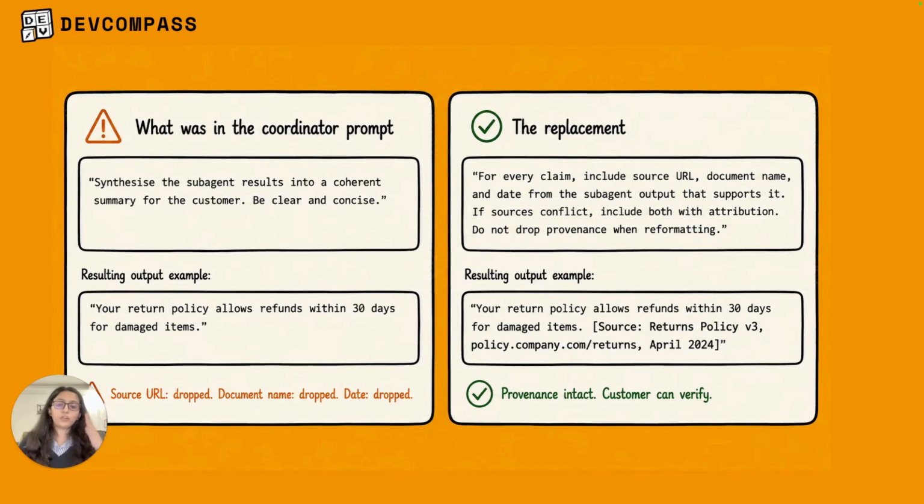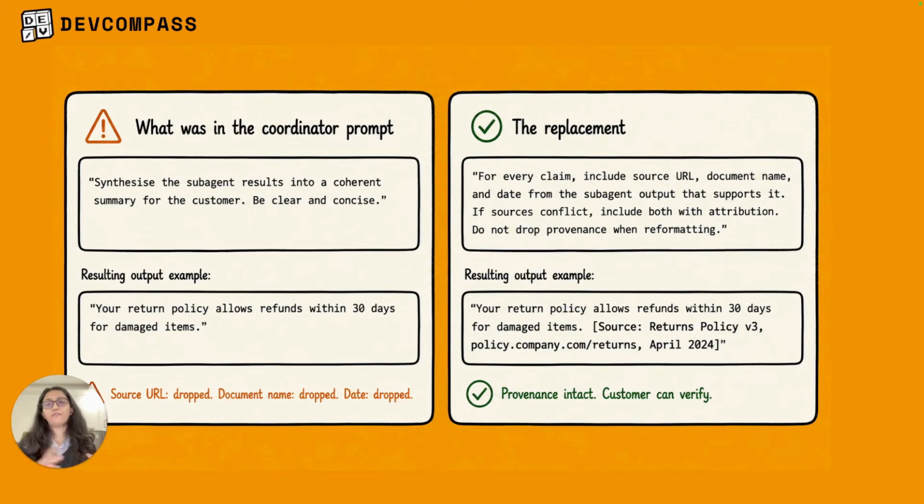First is the broken coordinator synthesis instruction: Synthesize the sub-agent results into a coherent summary for the customer. Be very clear and concise, that's it. The coordinator reads the sub-agent outputs, synthesizes the content and writes a summary. The content is preserved. The metadata isn't in the instruction, so it's not in the output.